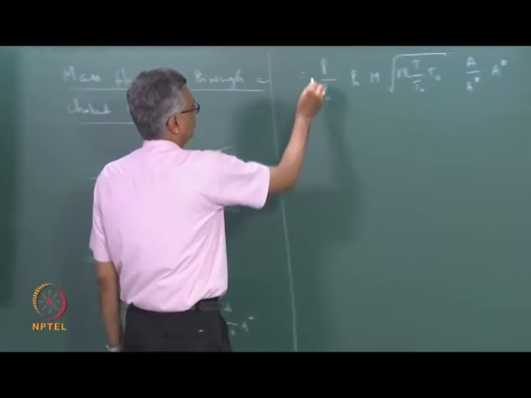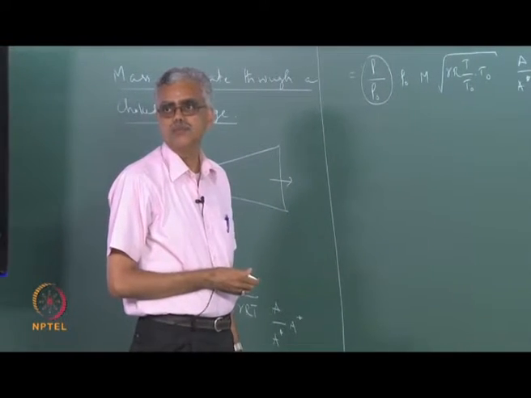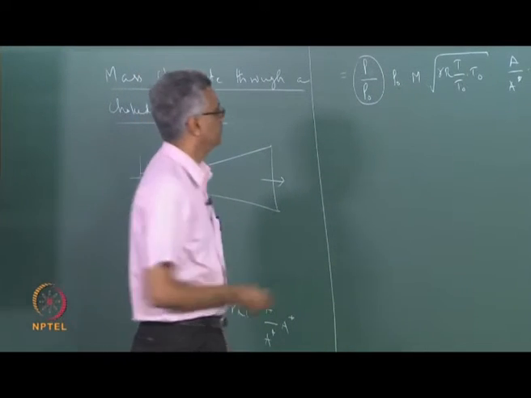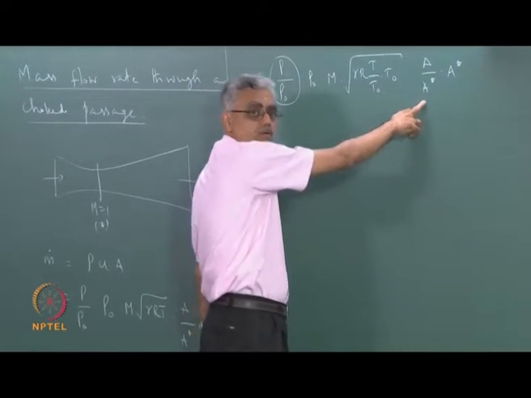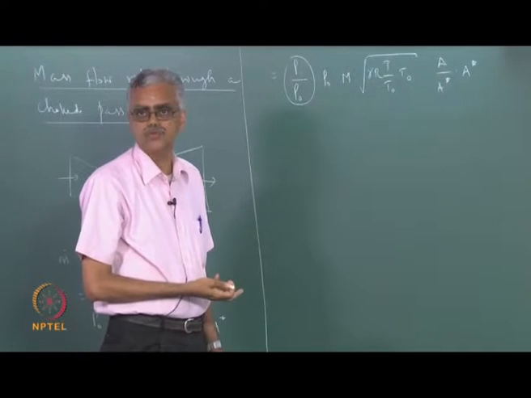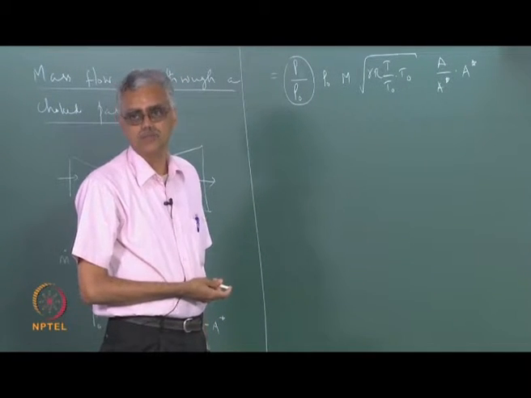Notice that rho over rho naught is known to us as a function of Mach number. We know the relationship. T over T naught is also known to us as a function of Mach number. A over A star is also known to us as a function of Mach number, because that is what we derived in the previous class, the area Mach number relationship.